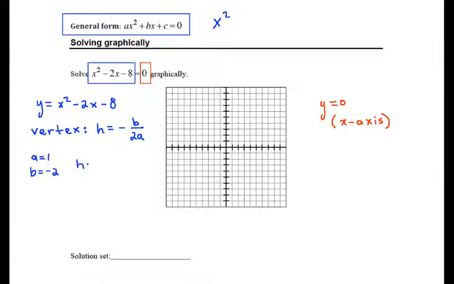And therefore my h is minus negative 2 over 2 times 1, which comes out to be positive 1. K I find by plugging h into the quadratic. So that's 1 squared minus 2 times 1 minus 8, which is 1 minus 2 minus 8, which is negative 9. Therefore, my vertex is down here at the point 1, negative 9.